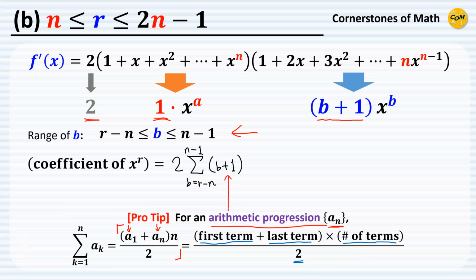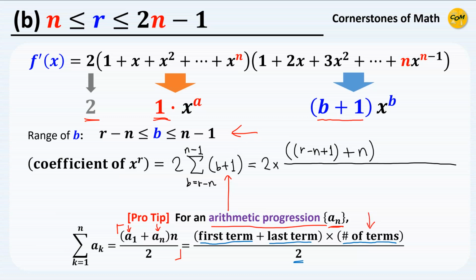In our partial sum, b plus 1 is obviously an arithmetic progression, so we have 2 times. The first term is when b is equal to r minus n, so it is r minus n plus 1. And the last term is when b equals n minus 1, so it is just n.